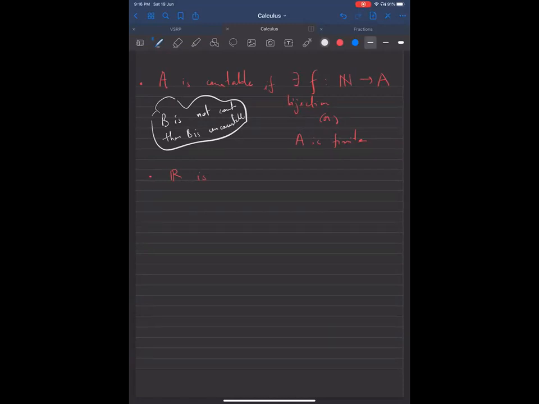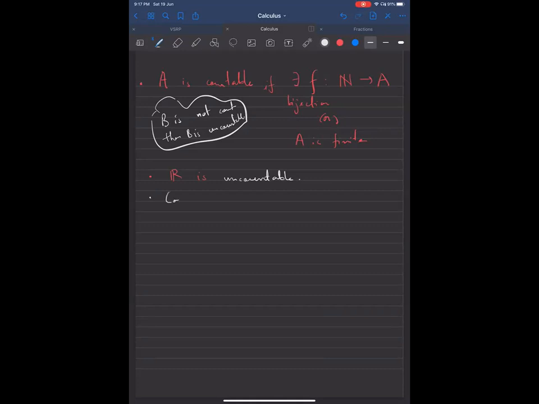R is uncountable. This is the thing we need here. But let us go through all the other remarks also, which are important here.